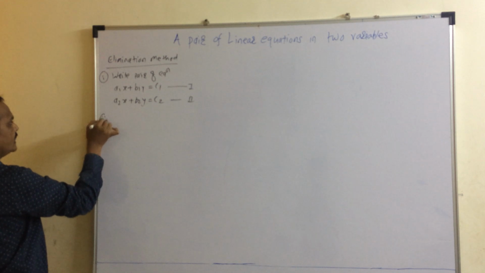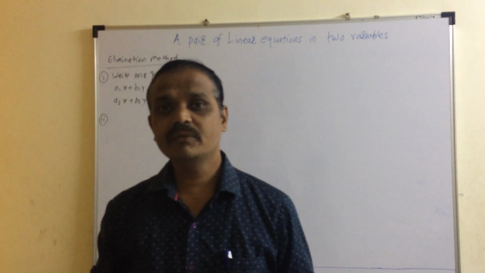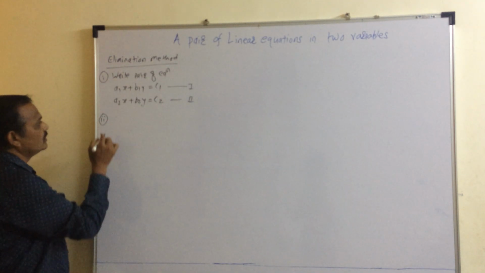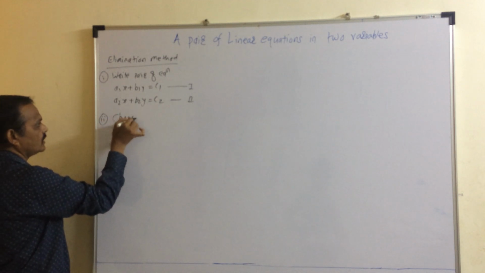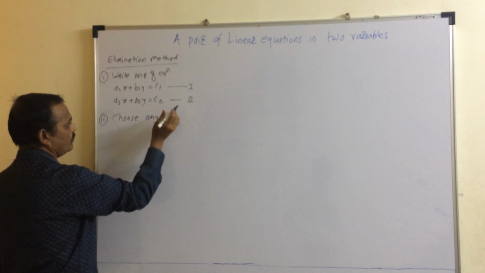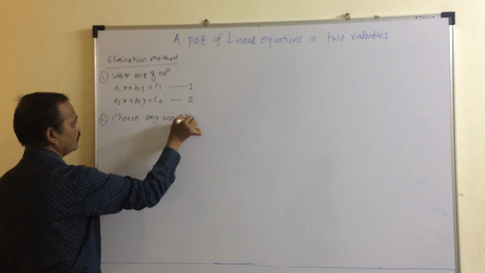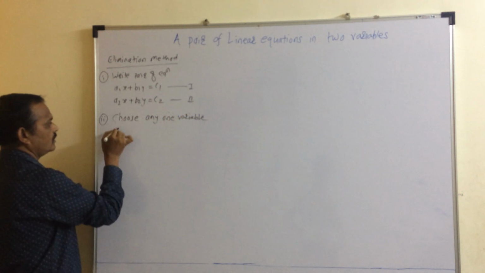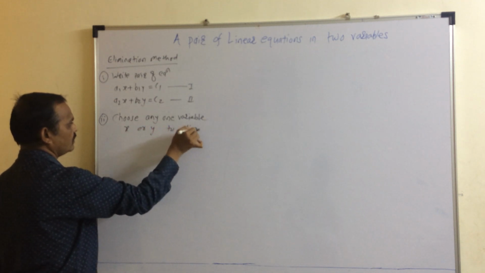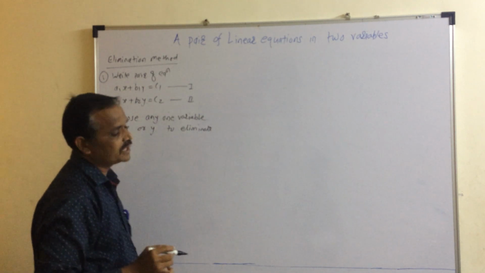Now second step, we have to eliminate one of the variables, x or y. First you can choose or select any one variable, x or y, to eliminate. Now how to eliminate variables from the given equations?